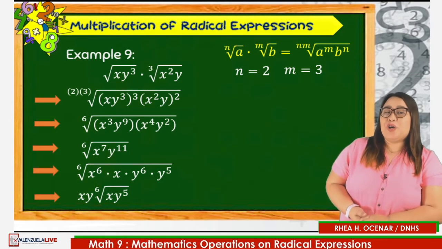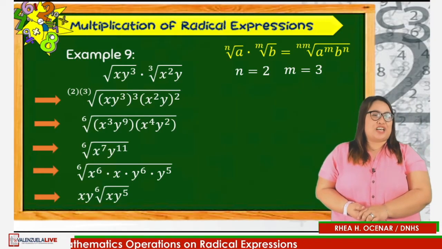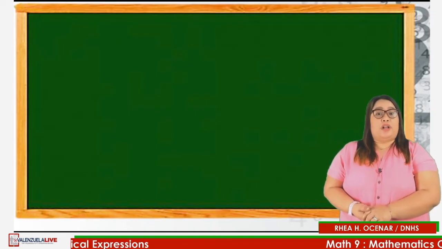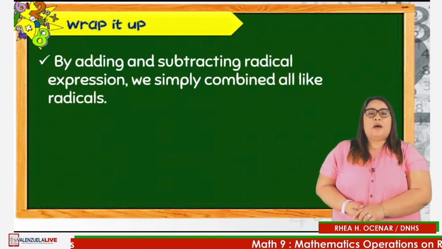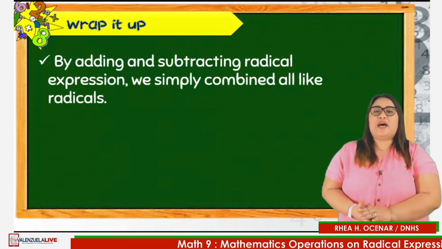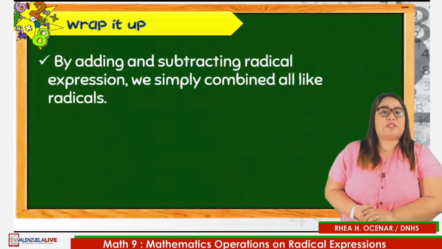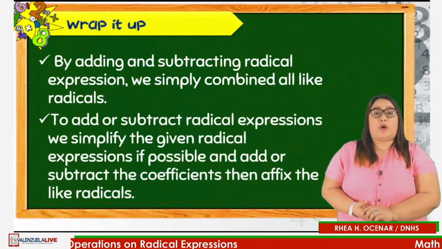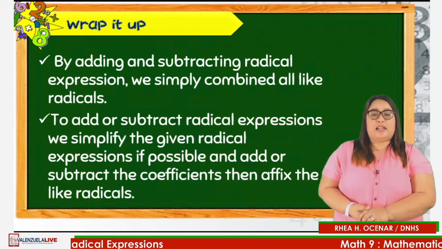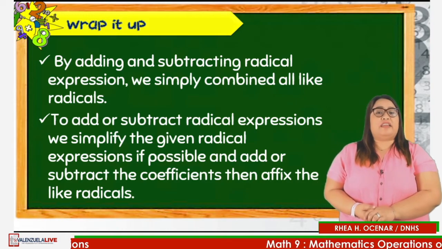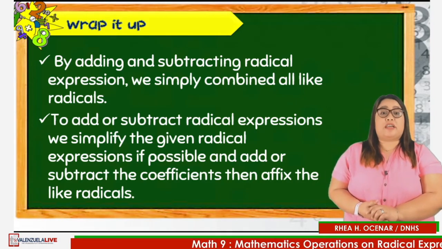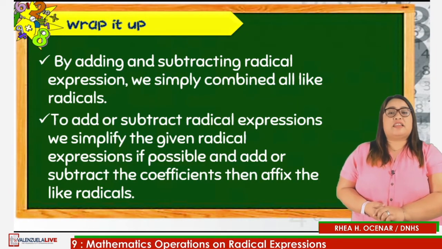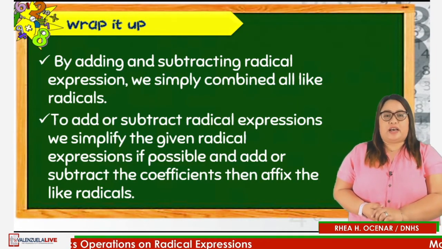I hope you learned something from our discussion. To sum up our lesson today, we learned that by adding and subtracting radical expressions, we simply combine all like radicals. To add or subtract radical expressions, we simplify the given radical expressions if possible and add or subtract the coefficients, then affix the like radicals.